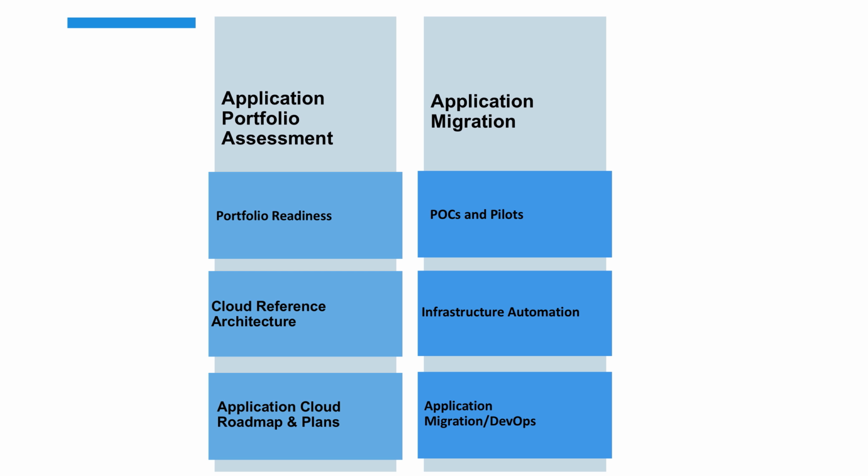Then we do the application migration. We have proof of concepts and pilots. We do infrastructure automation, so we automate the operations and deployment of the applications. And then application migration and DevOps, and how DevOps fits into the plan.